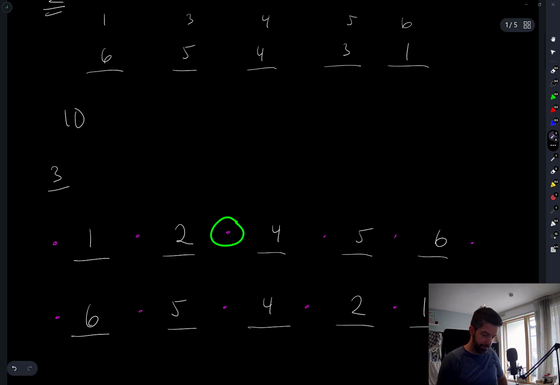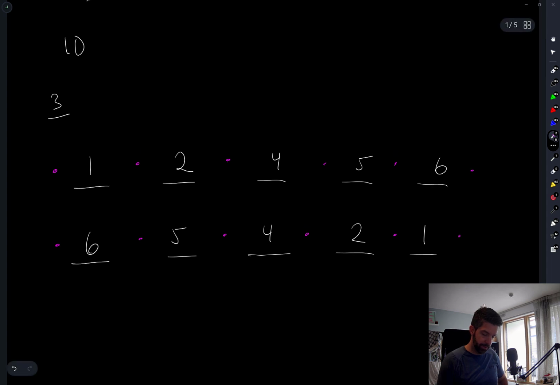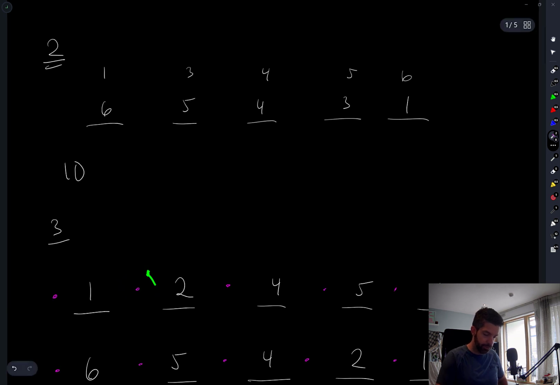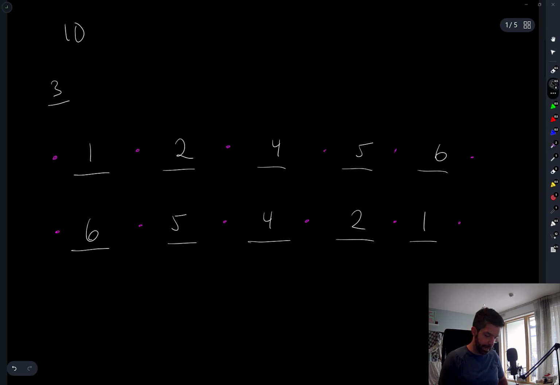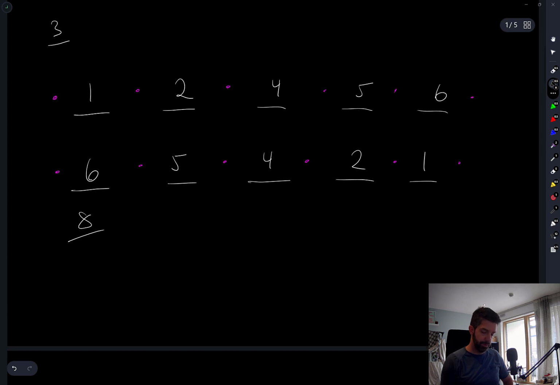If I put the 3 there, that's already been counted. And if I put the 3 there, it's already been counted. I think also if I put the 3 there or there, it's already been counted, right? Because if the 3 is here, 1, 3, 2, 4, 5, 6, that corresponds to having the 2 put there. So it seems that there are 8 arrangements where 3 is the number that can be removed.